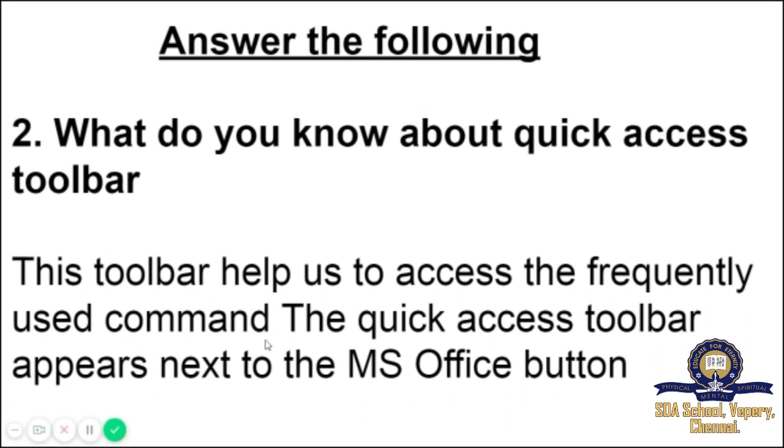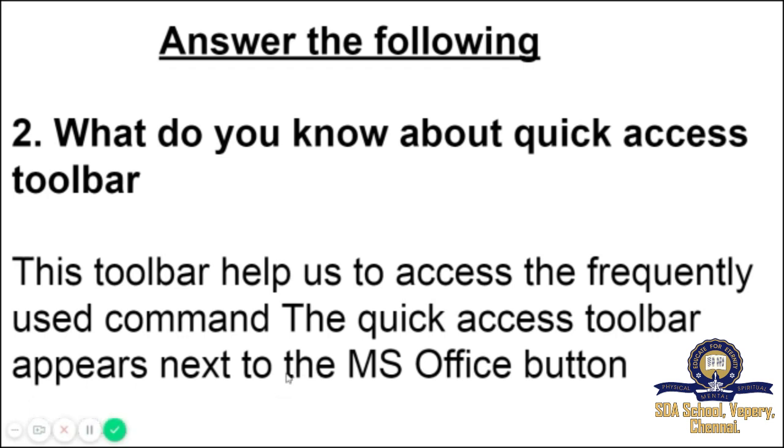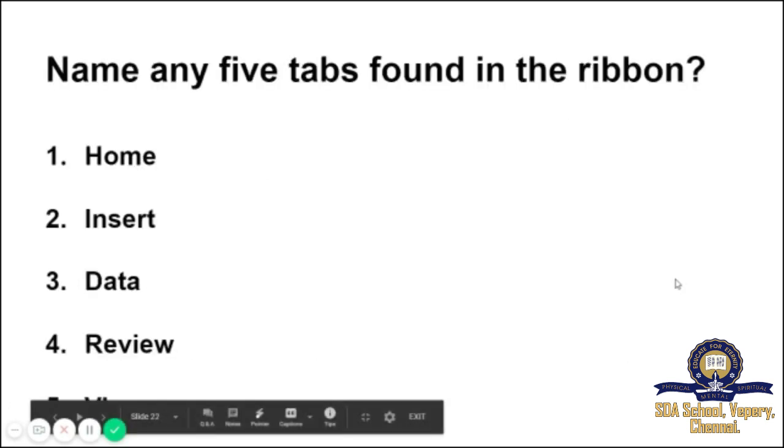These are what we use very often, so these toolbars should be on the screen so that we can use them often. For that easy access purpose, this bar is on the screen. The quick access toolbar appears next to the MS Office button.